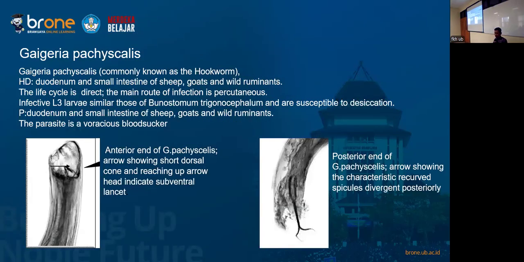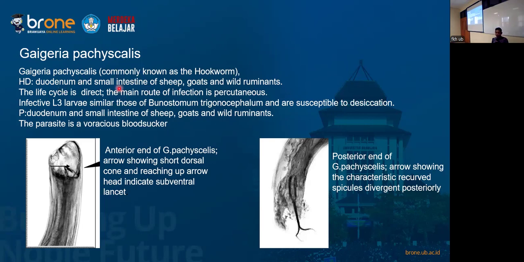Okay, this one is the last worm in the ruminant that you should know, Gaigeria pachyscelis. This is the character of this worm, commonly known as the hookworm. The definitive host is the sheep, goat, and wild ruminant, and the predilection site is the duodenum and small intestine.